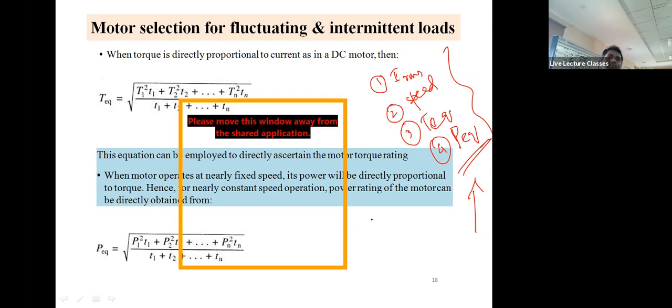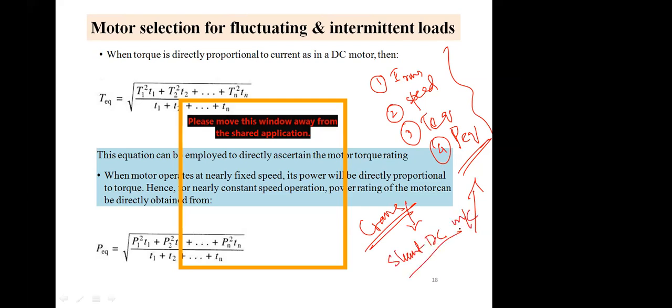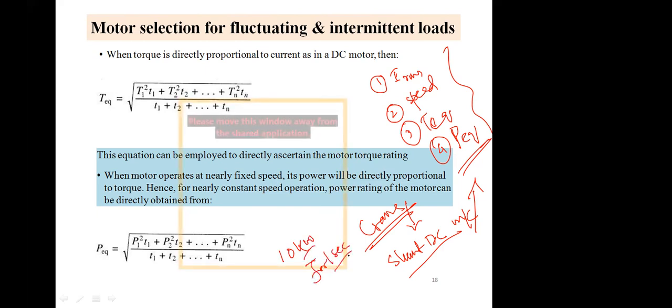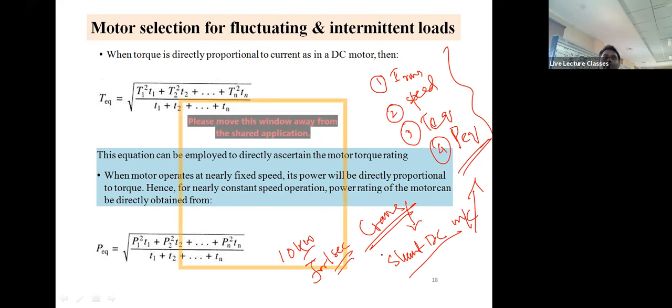Say you are going for a crane type of load and you are employing a shunt DC machine. Will it be able to do it? No. Say the crane needs to pick up a power equivalent to 10 kilowatts for 1 second. Will you be focusing on the continuous power rating?